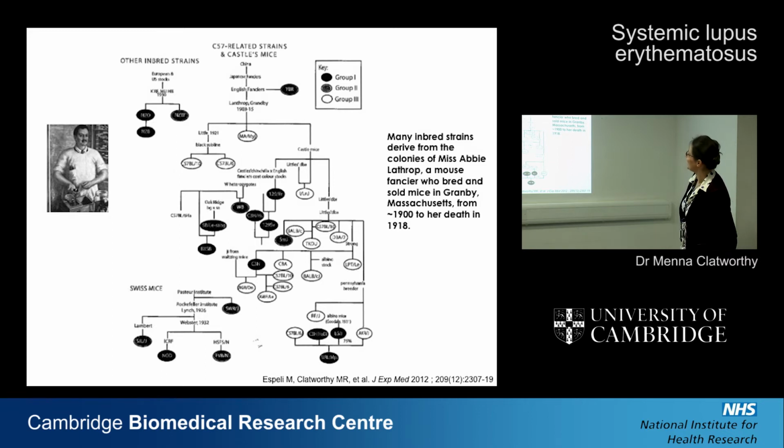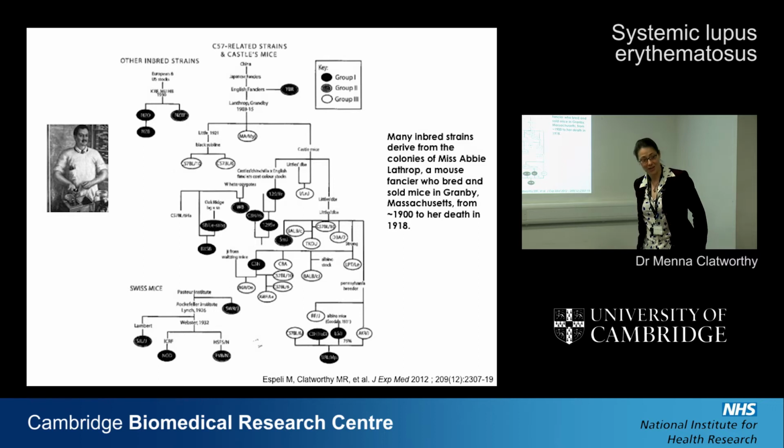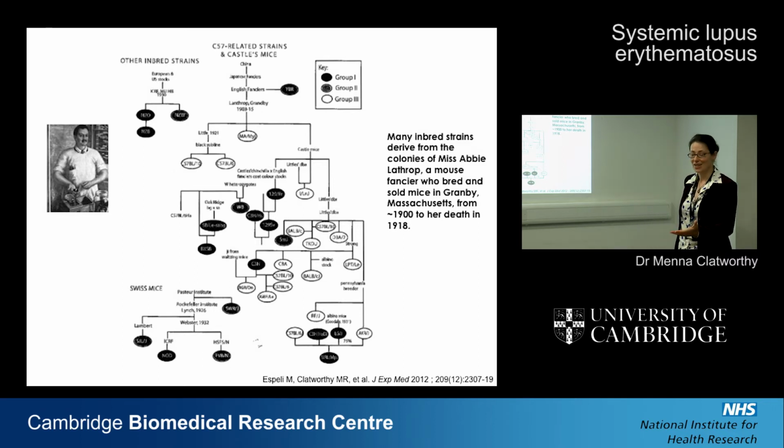But what you can see is there's our Japanese mouse fanciers, and then there were some English mouse fanciers. But you can see there's this character Lathrop here. This was a lady called Abby Lathrop, who was a mouse fancier who lived in Massachusetts, and she collected mice. As women then, you couldn't formally get involved in science, or it wasn't really the done thing to do PhDs.